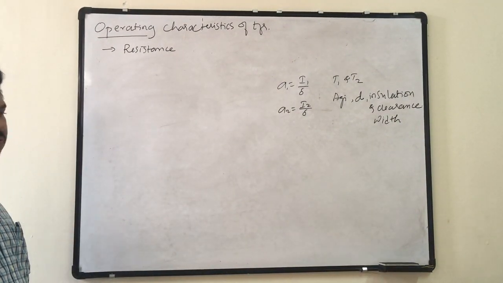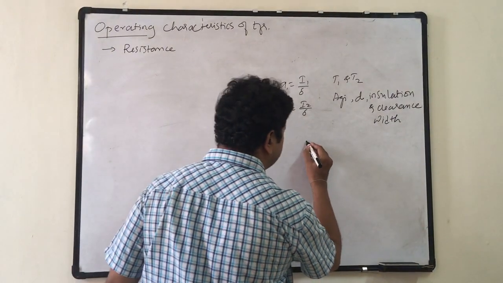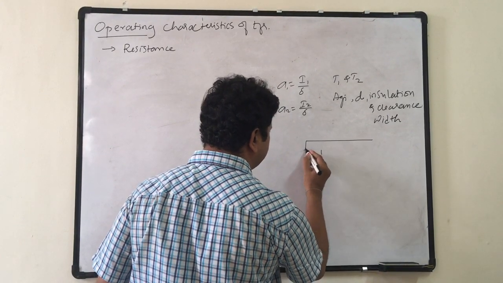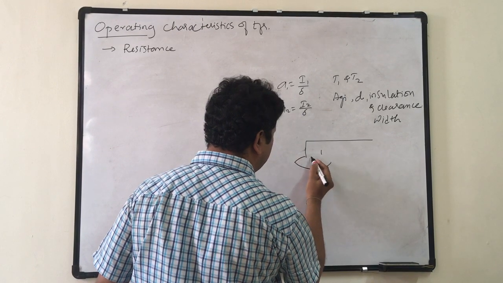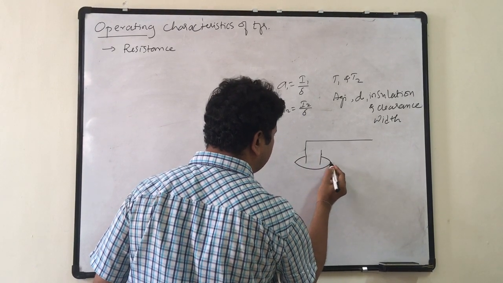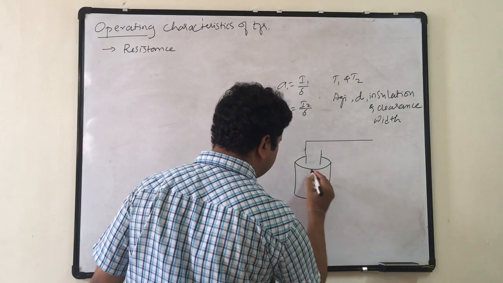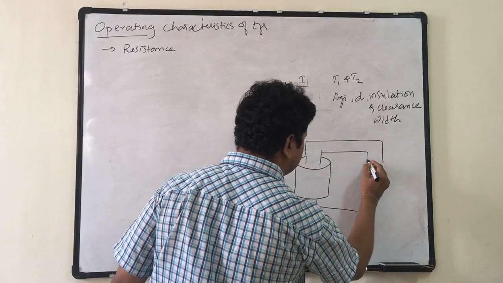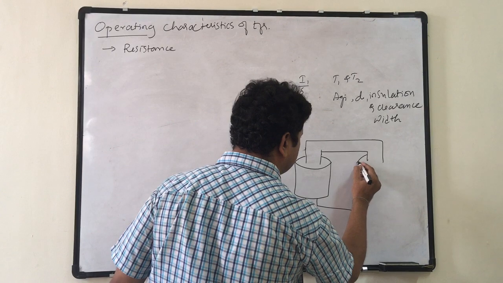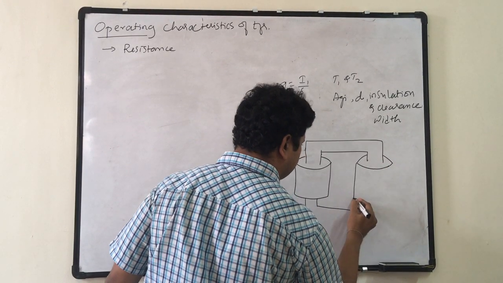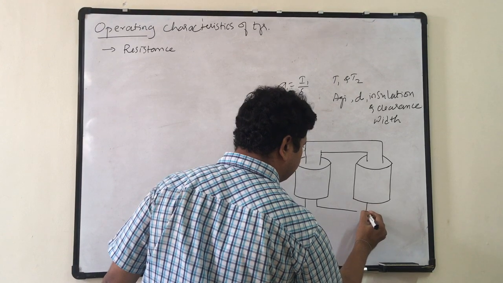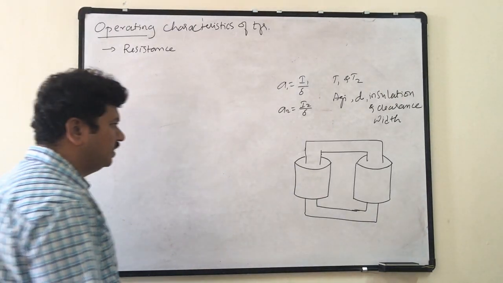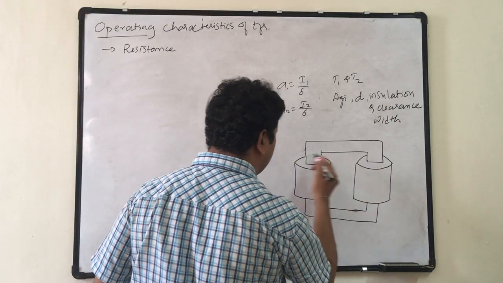Now why are we going for the mean turn? Say this is my single phase core type transformer, having a cylindrical winding with a number of turns wound.